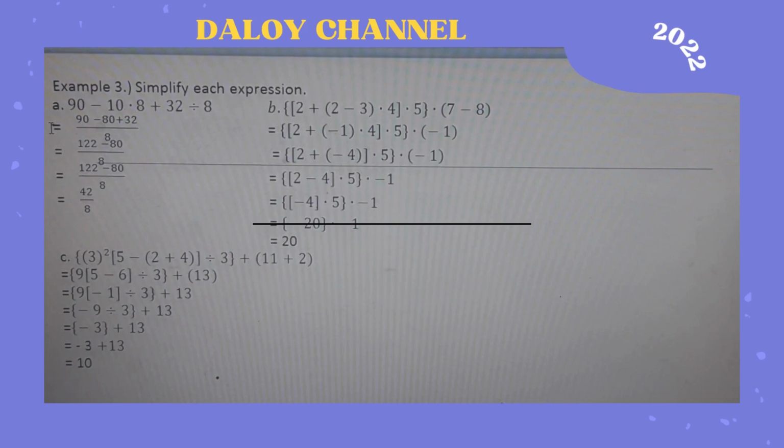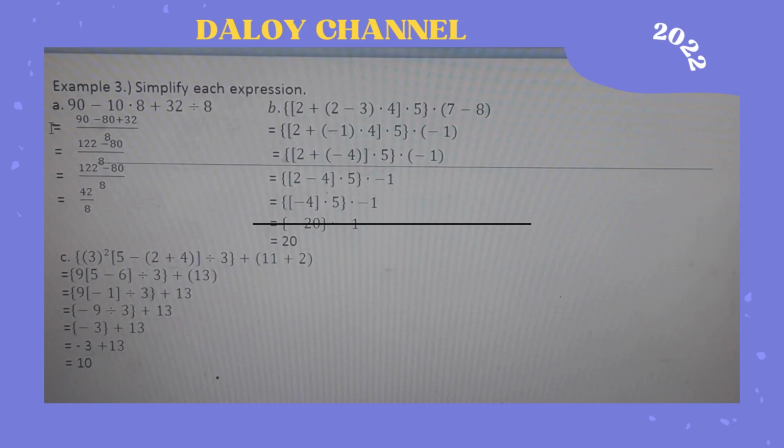For number 1, you are required to simplify 90 minus 10 multiplied by 8 to be added by 32 and divided by 8. So our first step is to multiply the numbers. Why do we directly multiply?